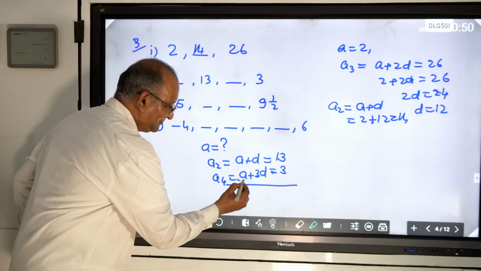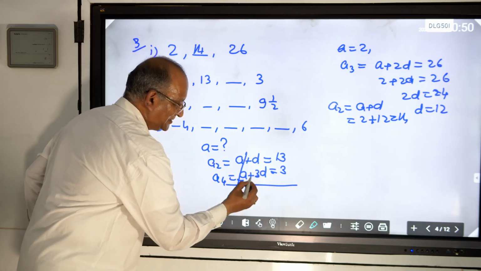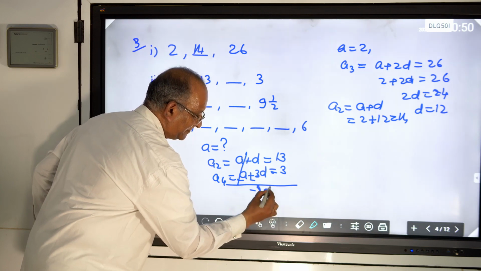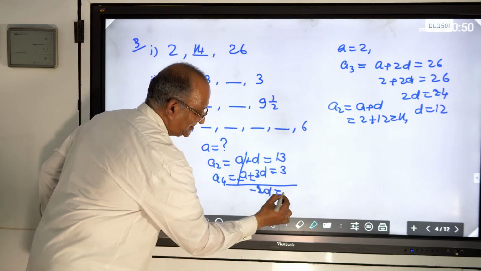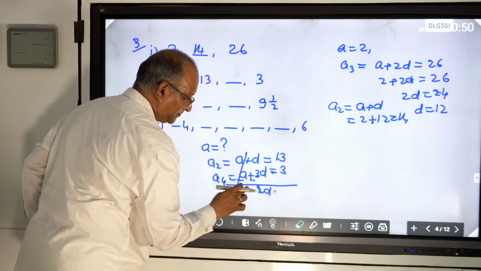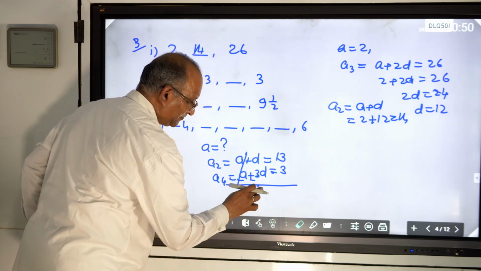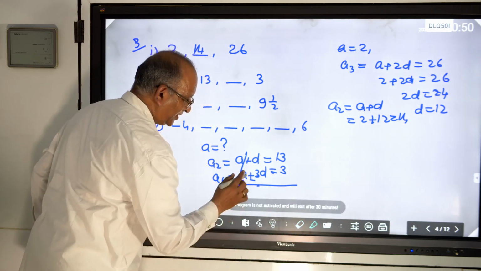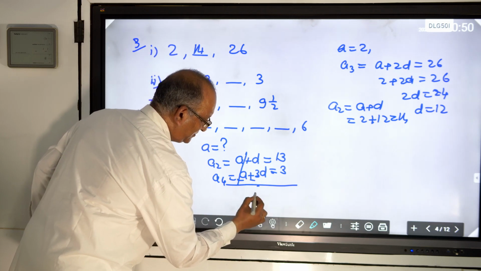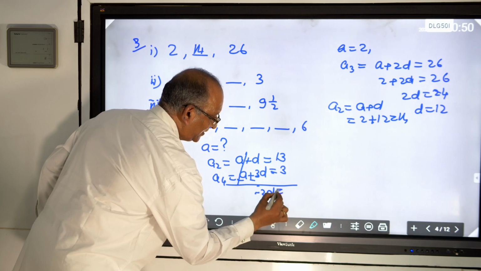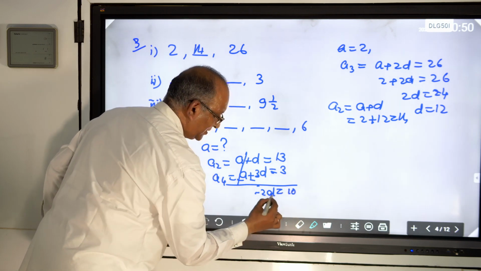So a minus a will become 0. d minus 3d will become minus 2d. And 13 minus 3 will become 10. So this is minus 2d equal to 10.